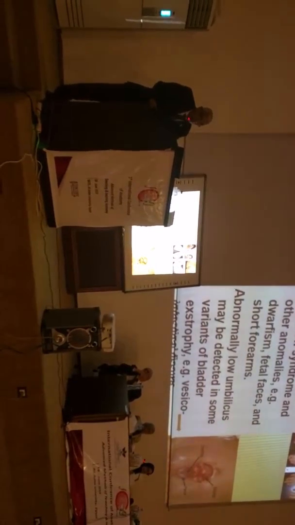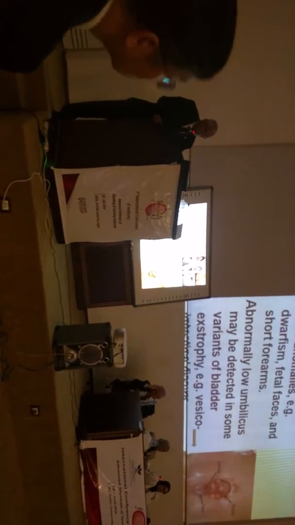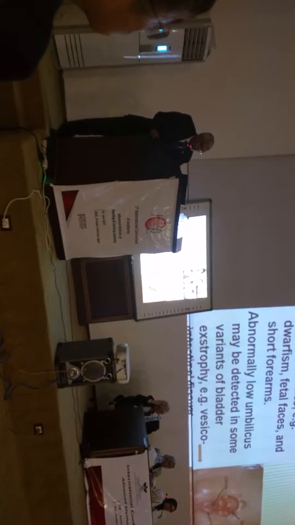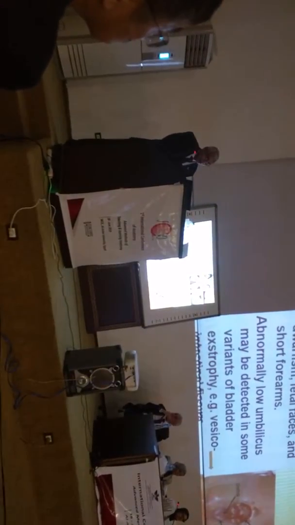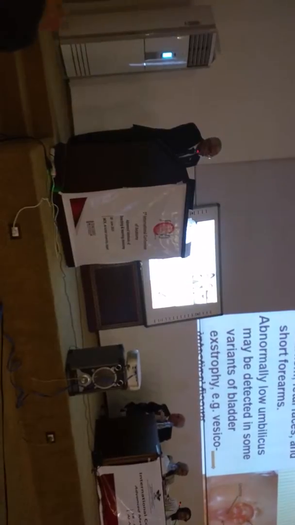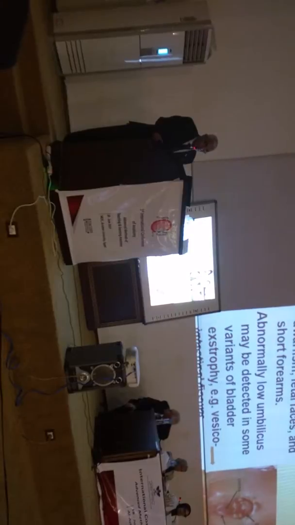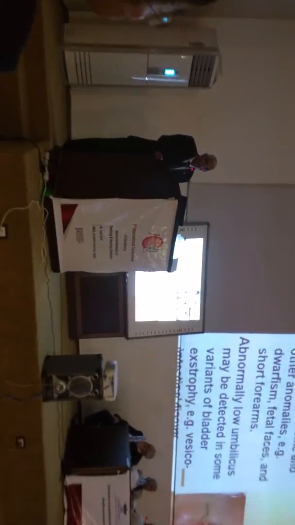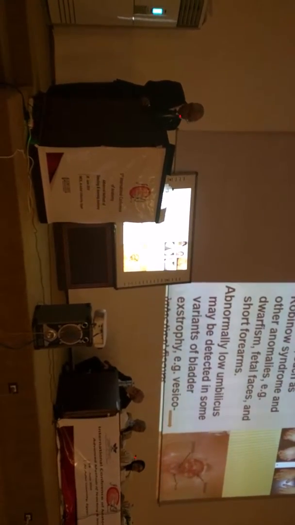Abnormally low position occurs also in cases of bladder exstrophy. Abnormally high umbilicus may be observed in some rare cases, such as Rieger syndrome. In this syndrome, the person has a fetal face, hypogonadism, and short digits, short fingers and short teeth.